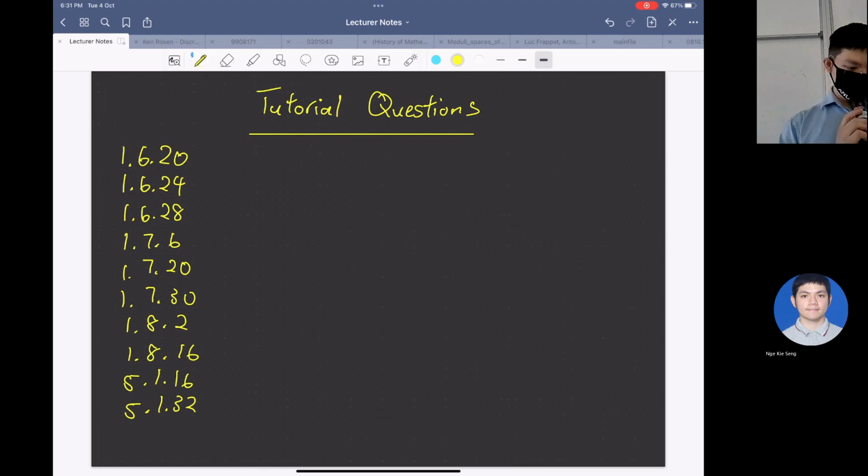If you want a reference, it is in chapter 5.1.